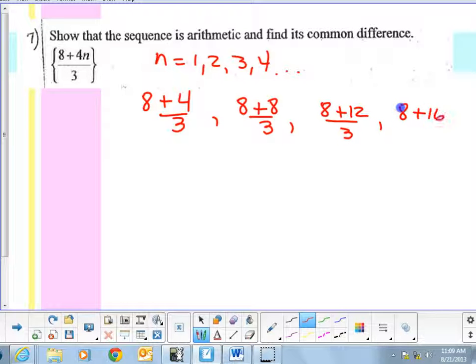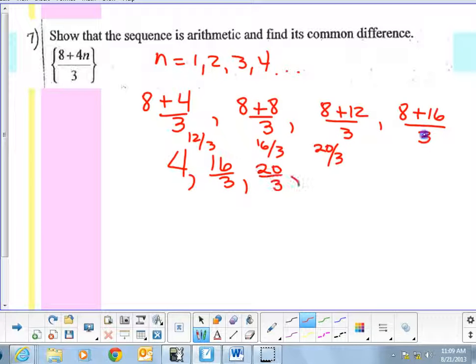Put in a 4. Okay, I got 12 thirds, which reduces to 4. Then I got 16 thirds, which doesn't reduce, right? Then I got 20 thirds, which doesn't reduce. But then I got 24 thirds, which does reduce.